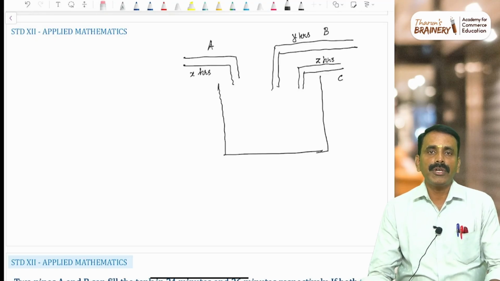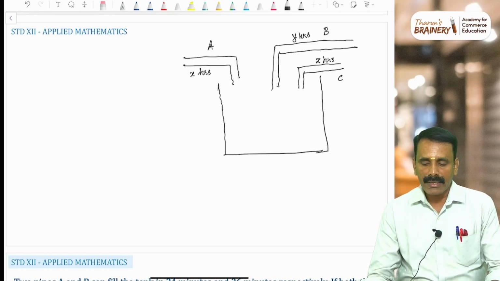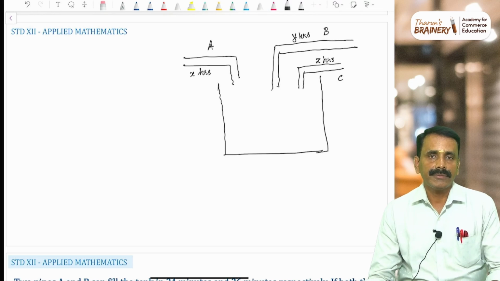Now if all the 3 pipes are open together to fill the tank, how much time will it take?